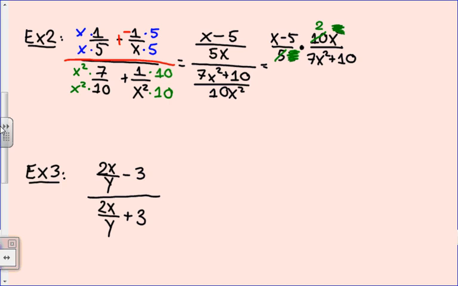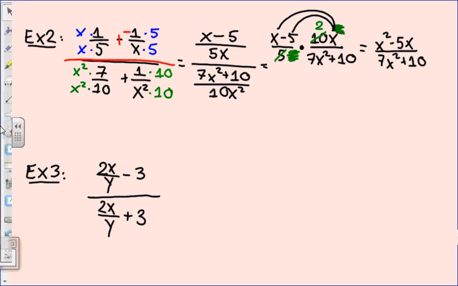No, what if it was 10x right there? Can I do that? Yeah. Anything else? Nope, here's our answer. Now I am going to do x squared minus 5x, and the bottom just has 7x squared plus 10.